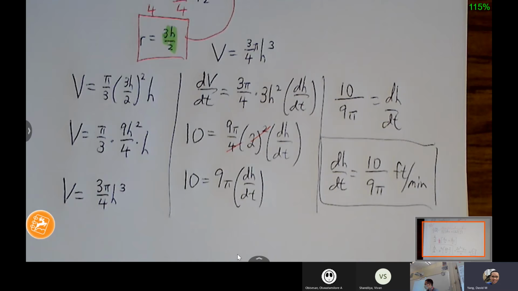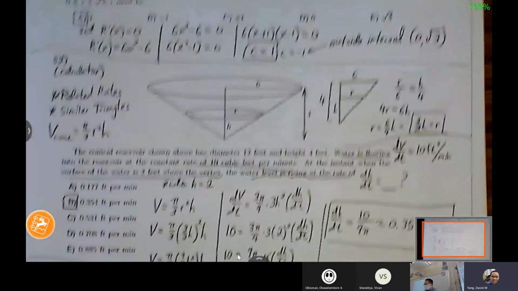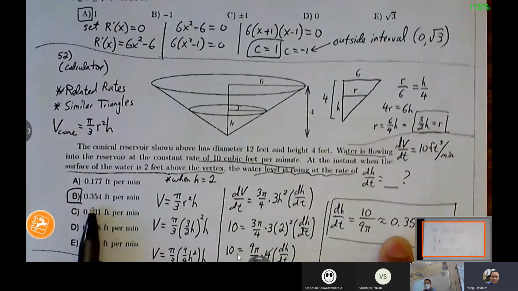It's asking for a decimal value, so in the calculator, it ends up closest to 0.354.